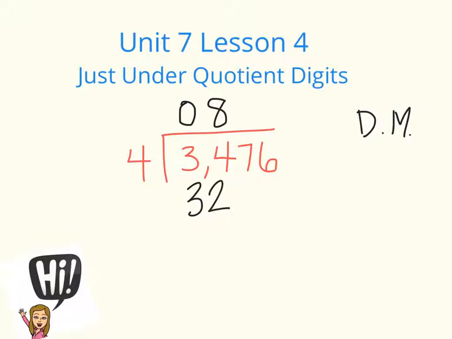And our next step is, you guessed it, subtract. So now I subtract that, 34 minus 32, and that gives me 2. Our last step in our little chant here will be bring down. So we have D, M, S, B. So divide, multiply, subtract, bring down.